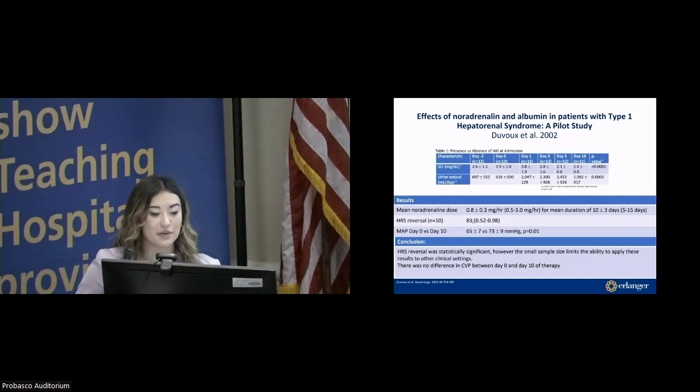This table one just demonstrates, again, the importance that AKI and baseline serum creatinine and urine output have on whether treatment is effective or not for reversal of HRS-AKI. In conclusion, reversal was statistically significant, but again, the small sample size limits our ability to apply these results to other settings.